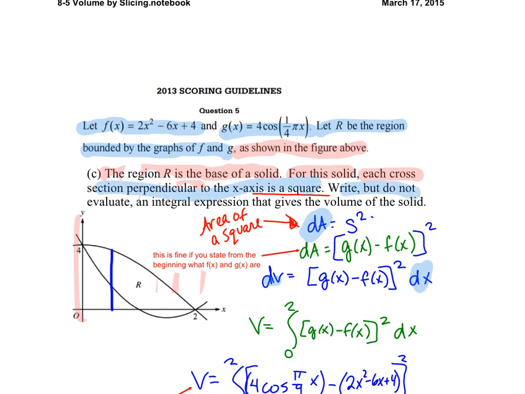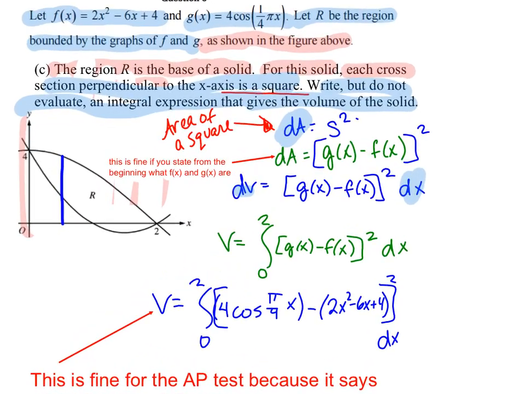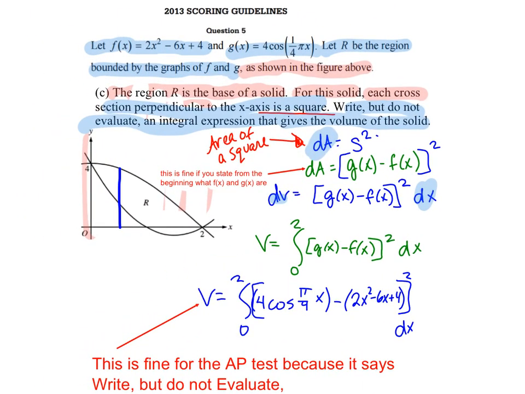The square, right? Do not evaluate the integral expression that gives the volume. Oh, nice! You don't have to do it. That's ideal. So the area of the square is going to be s squared, and s is going to be this distance right here. So we have to pretty much do the top function minus the bottom function.